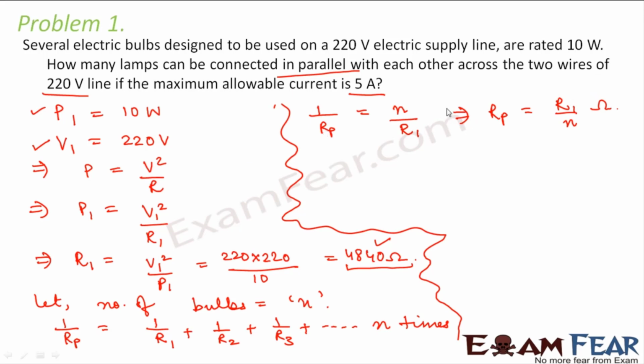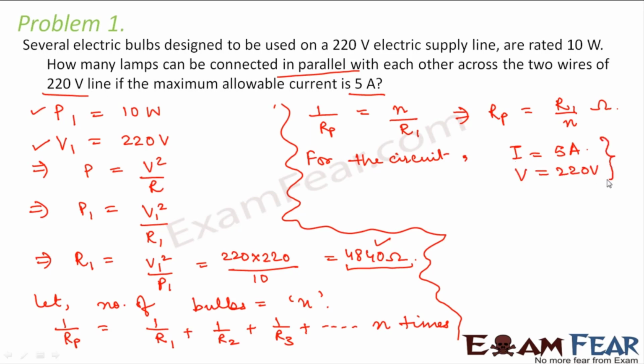Now for the entire circuit as a whole, how much current is allowed to flow in the circuit? The maximum allowable current is 5 amperes. And what is the potential difference across the circuit? That is 220 volts.